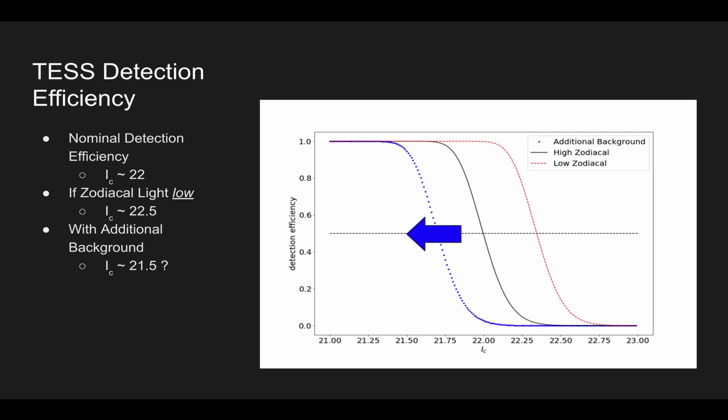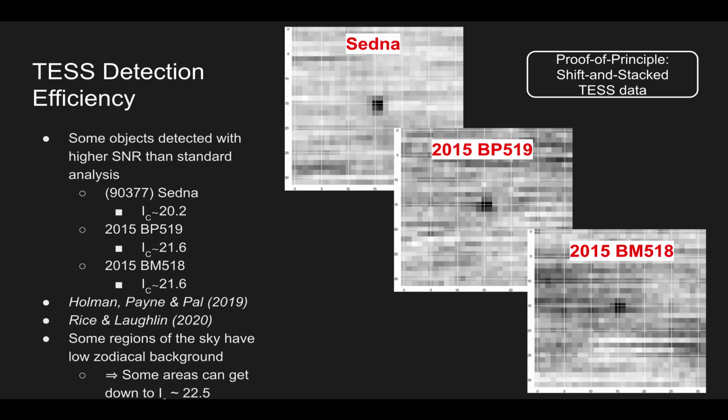But one thing to emphasize is that for these objects that I'm showing here, known objects that we've measured using TESS data, where both our group and the Rice and Laughlin group have independently measured these objects, we all agree that these objects have a signal to noise ratio that is much more in line with the low zodiacal contamination limit.